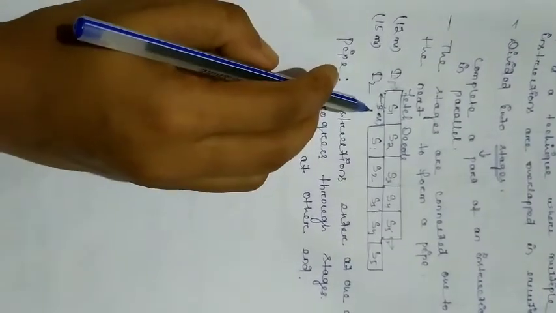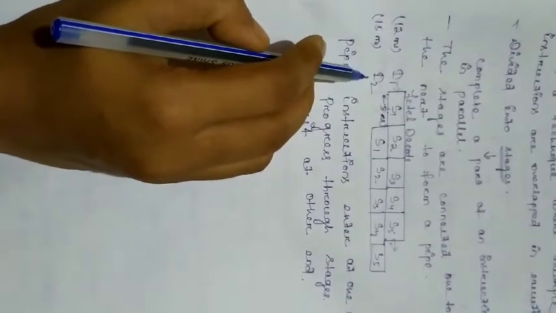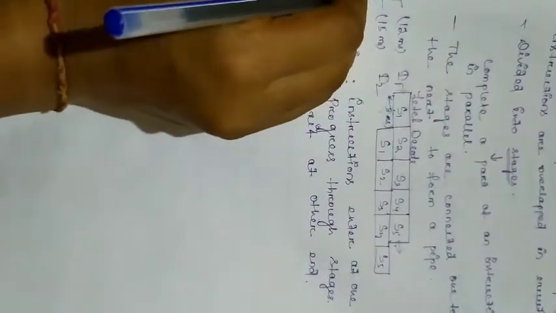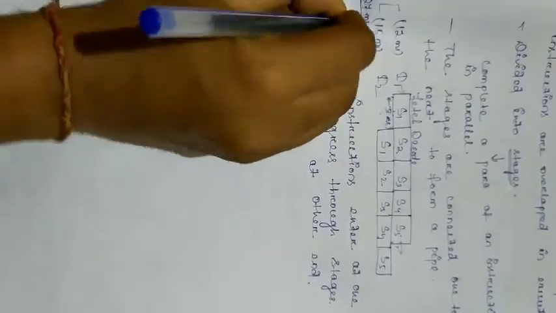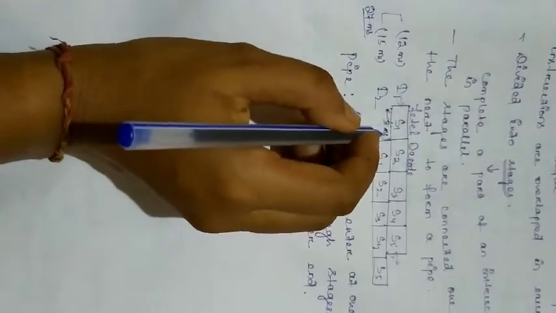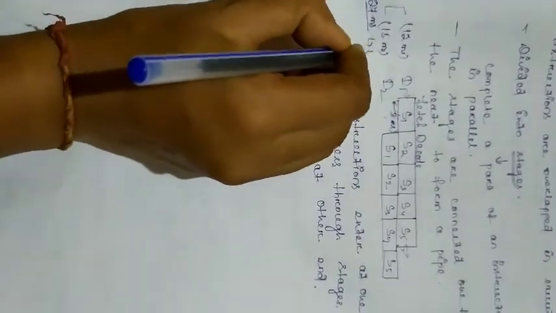After the 3 milliseconds, you can start the execution of I2. Without pipelining, it needs 12 milliseconds per instruction, but with pipelining it approximately needs 18 milliseconds for two instructions. So within 18 milliseconds we can execute 2 instructions, which increases the instruction throughput.